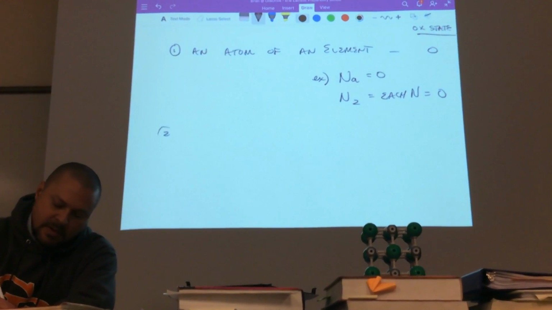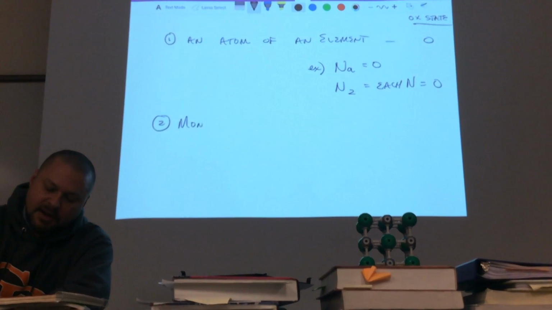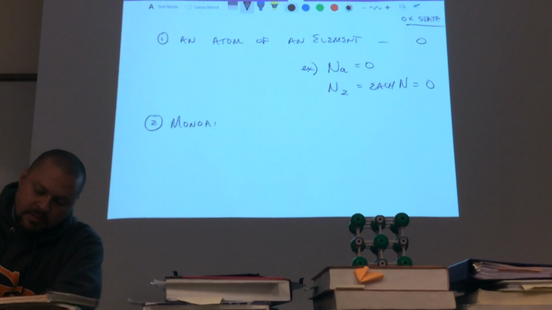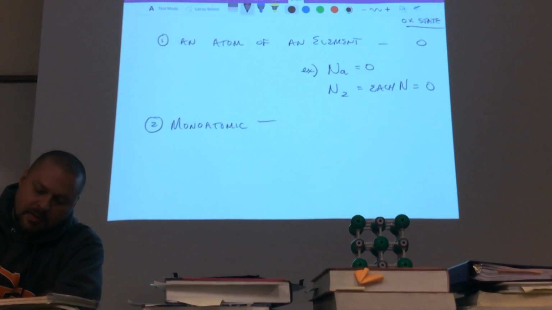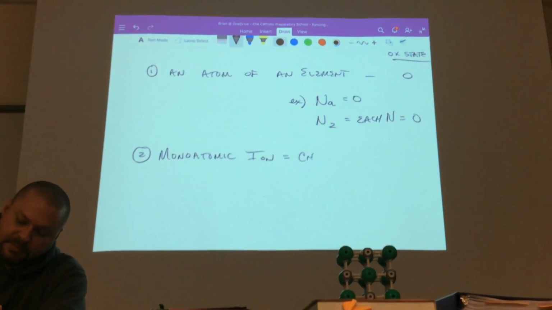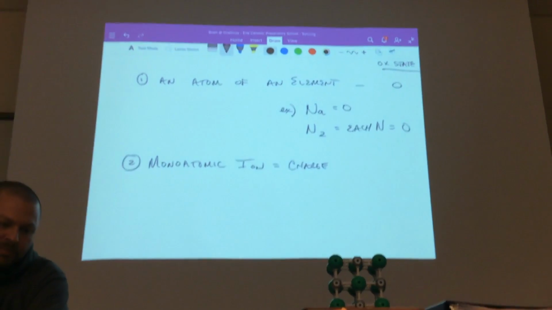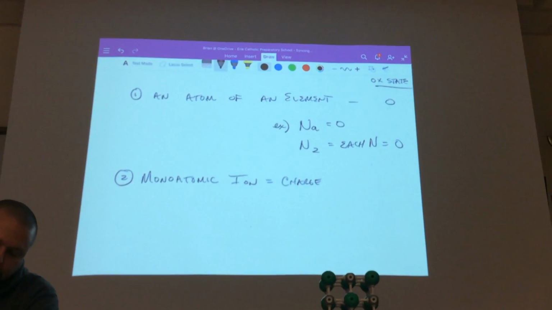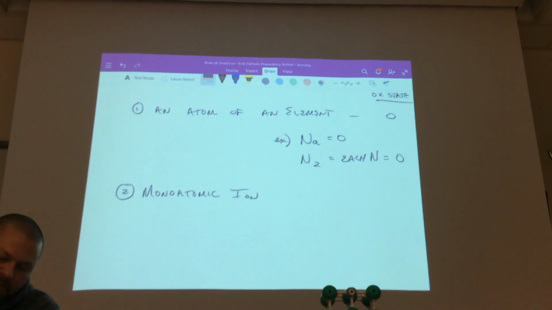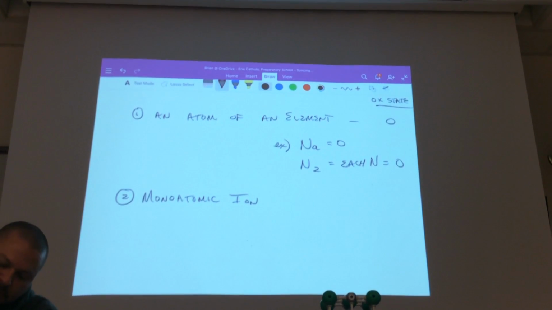Rule 2, a monoatomic ion. Its oxidation state is equal to its charge. We do it like this, just to stay consistent.